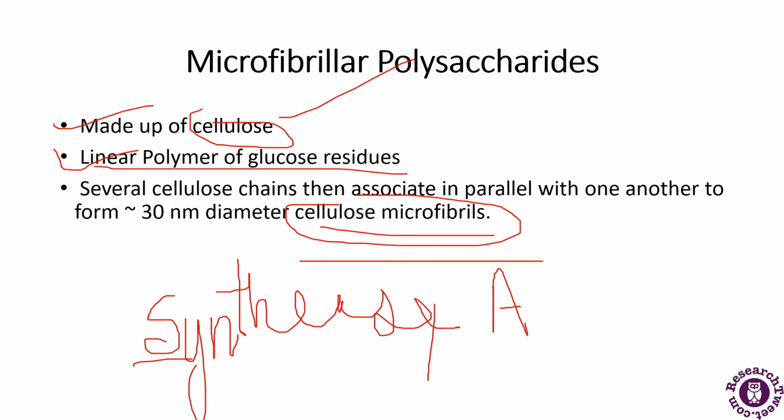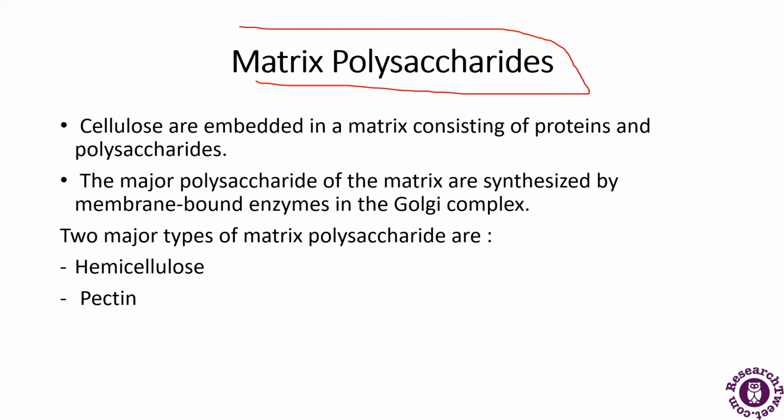Next is the other major category, the matrix polysaccharides. They are embedded in a matrix consisting of proteins and polysaccharides. The major polysaccharides of the matrix are synthesized by a membrane bound enzyme in the Golgi complex, another cell organelle in eukaryotic cells.